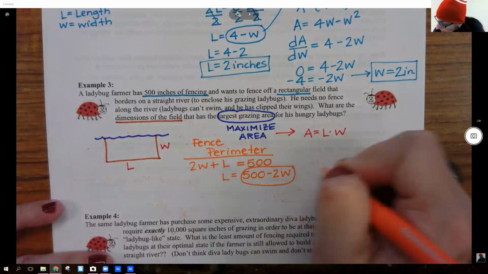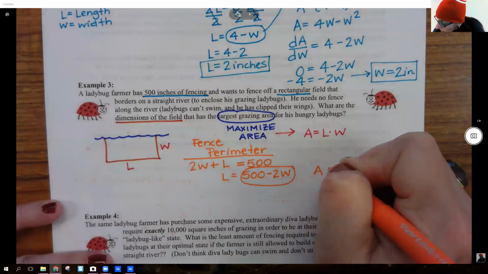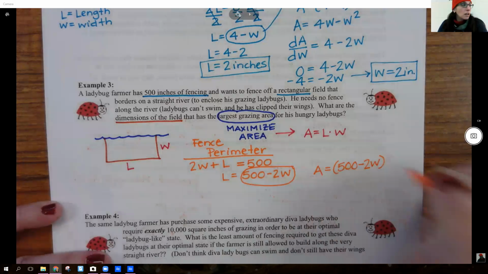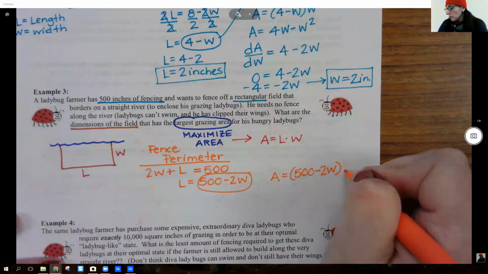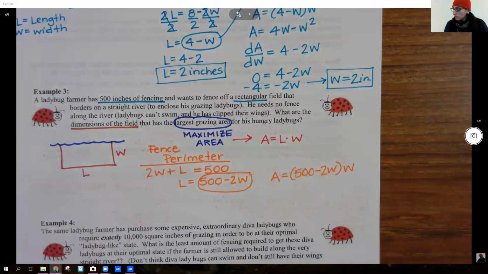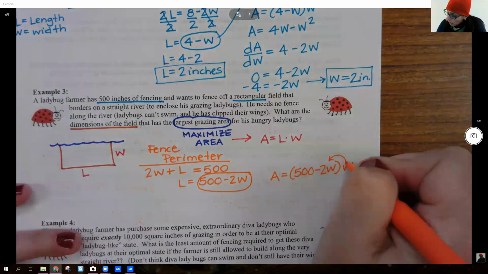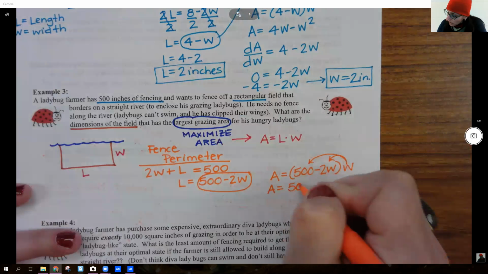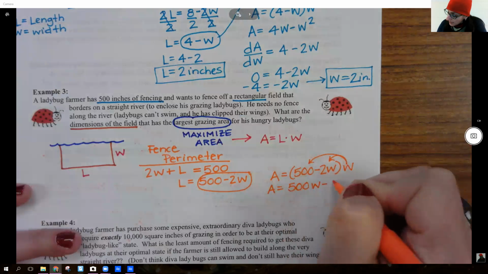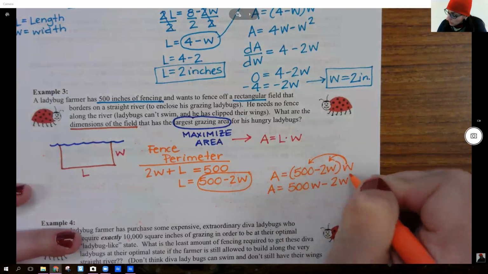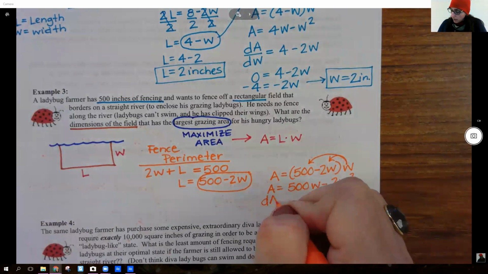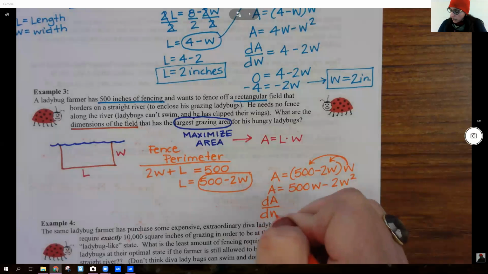So this will become A equals 500 minus 2W times W, like that. So then A will be 500W minus 2W squared. Take the derivative, dA/dW.